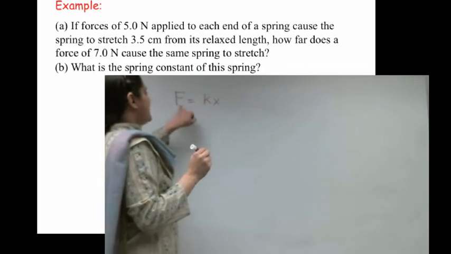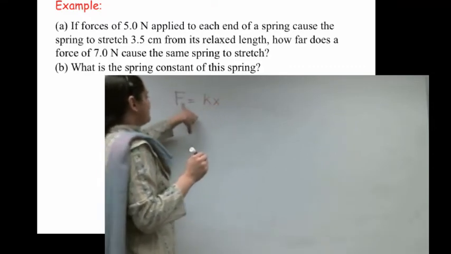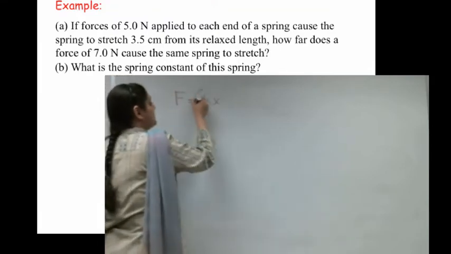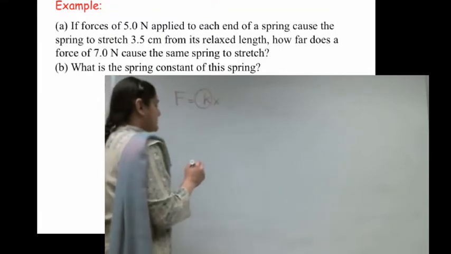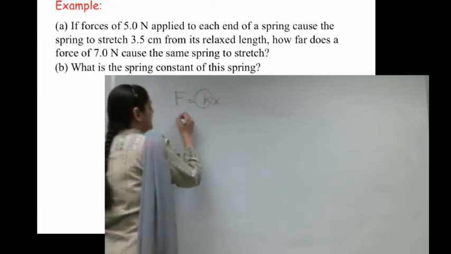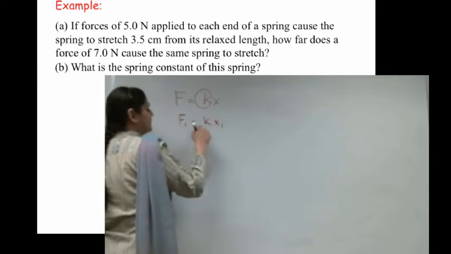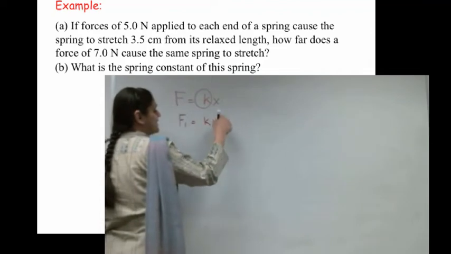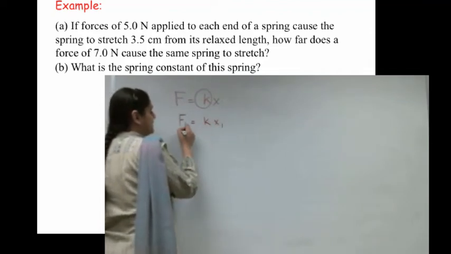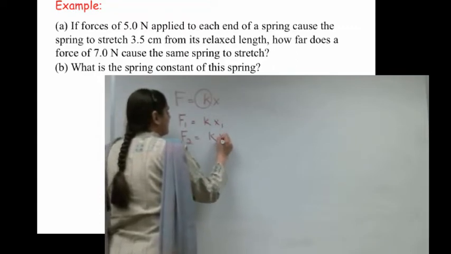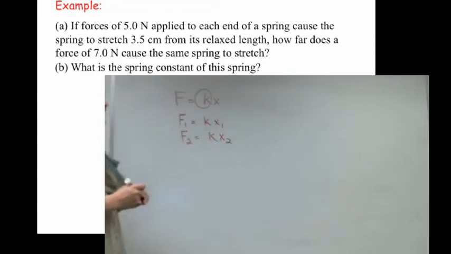That means as I apply different forces, my x value changes. However, my spring constant for any spring remains the same. So F1 equals kx1, and F2, which is a different force, will result in a different stretch x2.